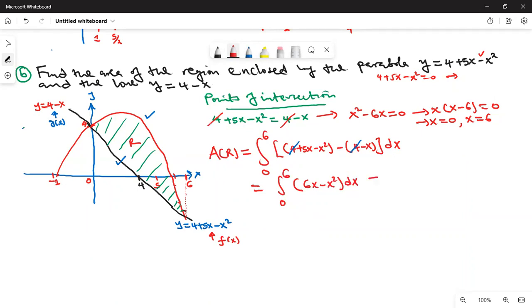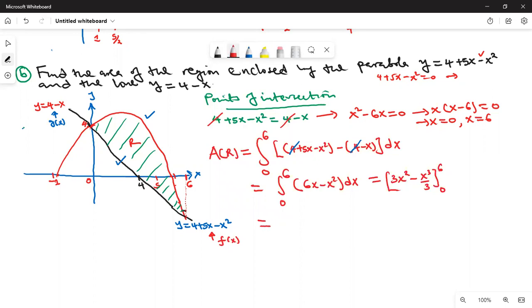When you use power rule, you're going to get 6 times x squared over 2. That is 3x squared minus x cubed over 3 from 0 to 6. And so when you plug in 6, let me take you to the next line.